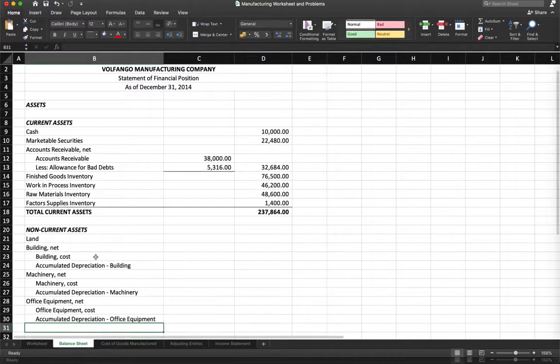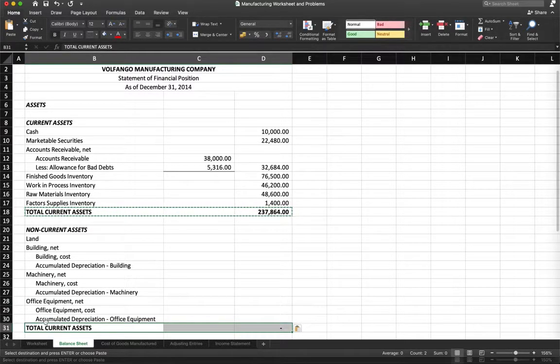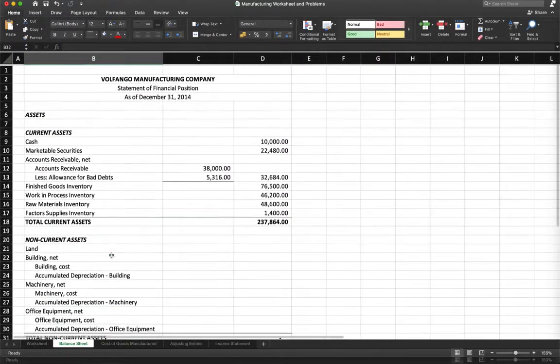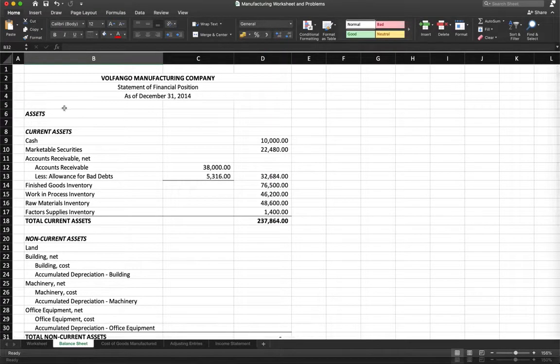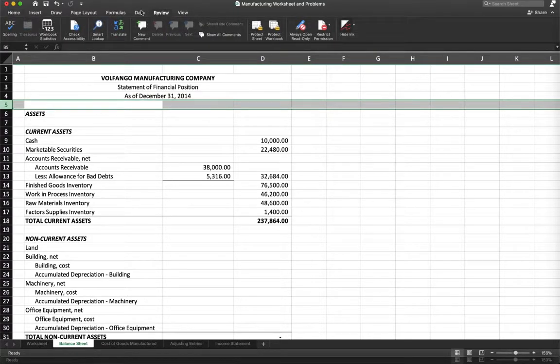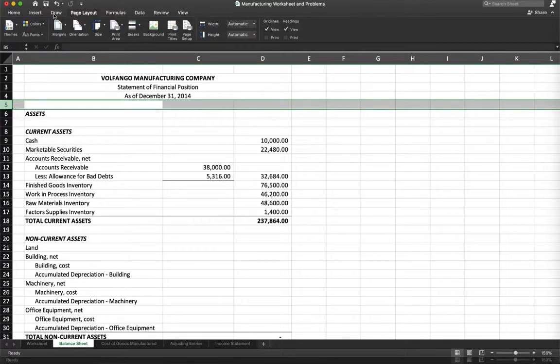Okay, liabilities na. So, how much is our total non-current assets? Lagyan natin dito. Then, lagyan natin dito ng freeze pane. Review, data, formula, page layout, nasaan na?